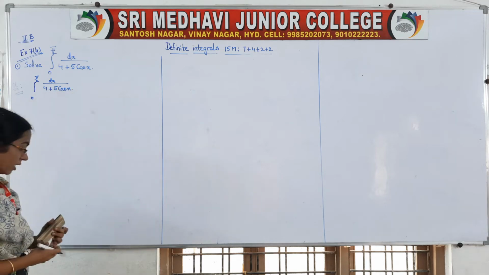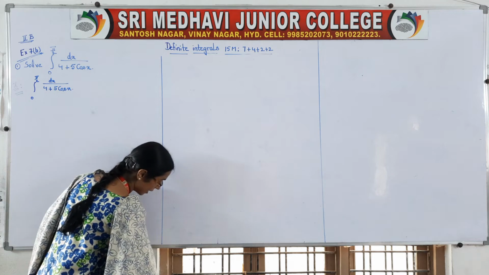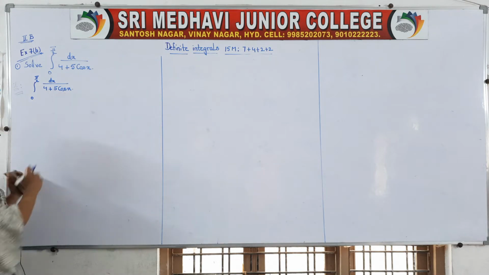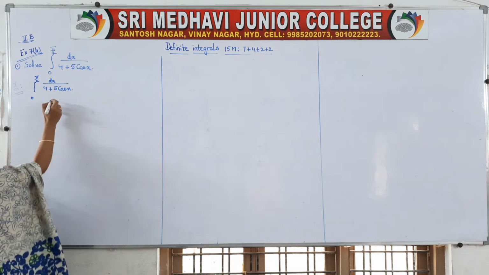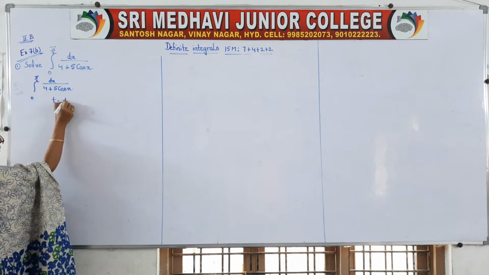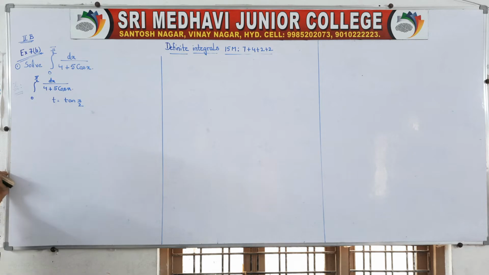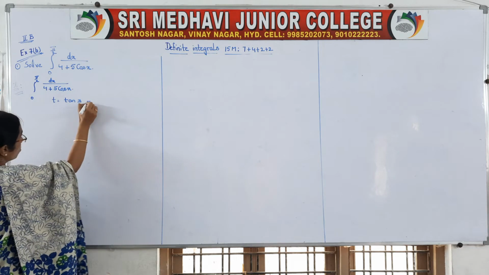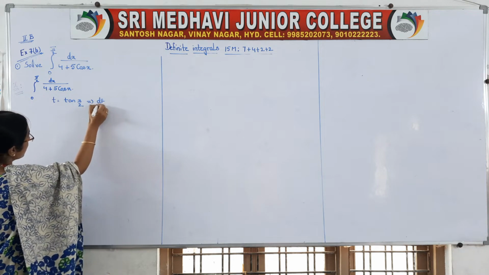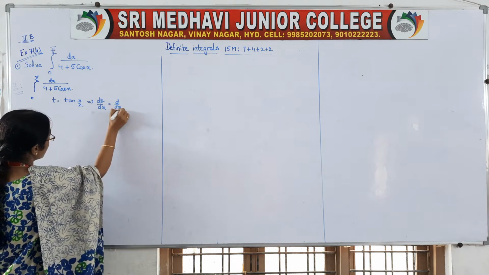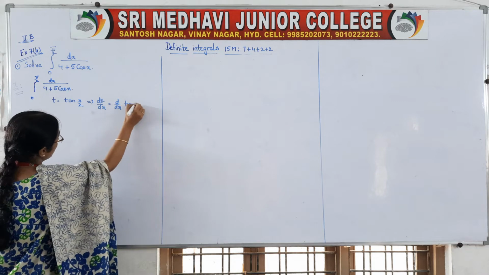In integrals, whenever we have cos x or sin x or both in the denominator, we have to take t is equal to tan x by 2. Then dt by dx is equal to d by dx of tan x by 2.